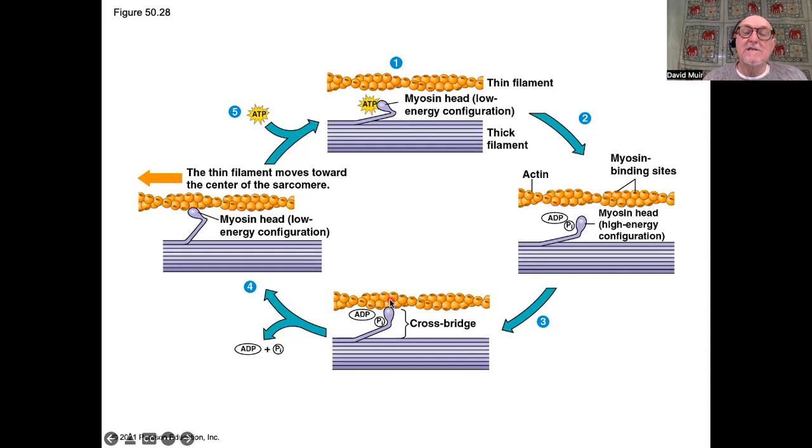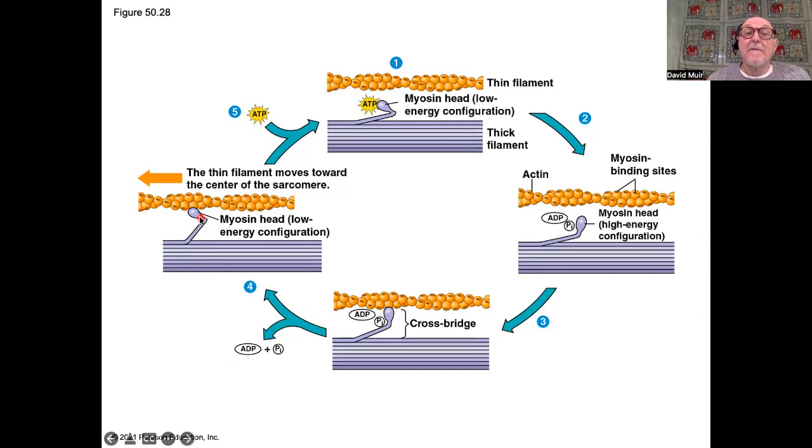Once it binds to the actin, it releases the ADP completely. And without the attachment of that ADP, the head resumes its normal position. It flips over, but remember it's attached to the actin, and it moves the actin in this direction.